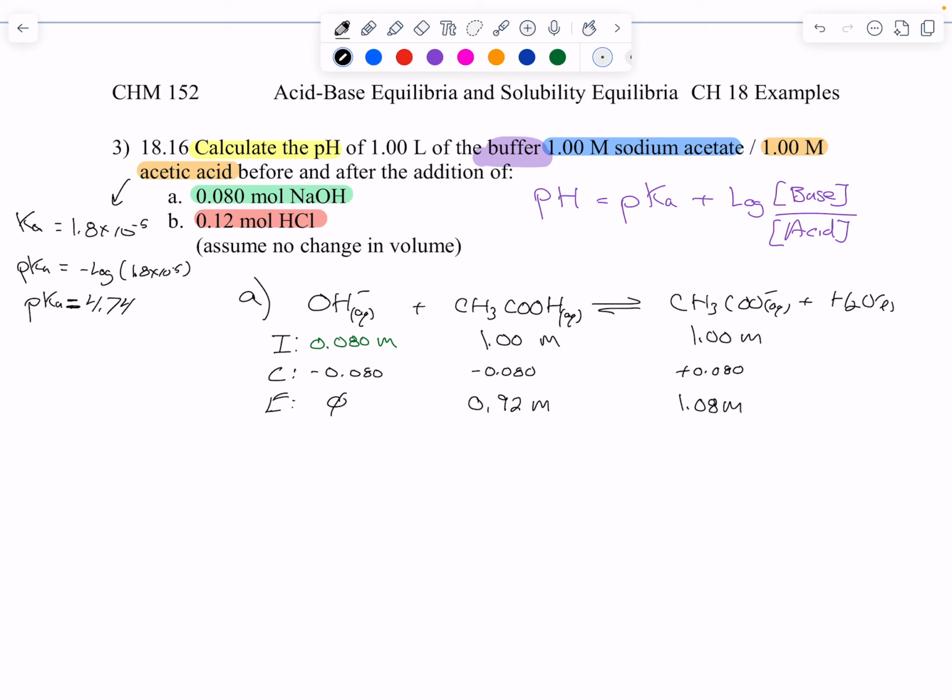Now, I'm going to assume that we're not going to have another equilibrium shift. We're going to keep the buffer. So our pH will equal the pKa, 4.74, plus the log. Well, here, let me write it this way. We'll do the whole thing out. pKa plus the log. In this case, it's acetate, CH3COO minus, over acetic acid.